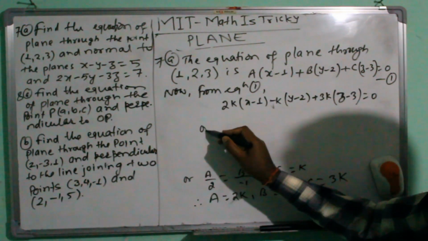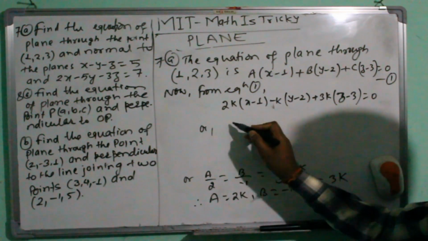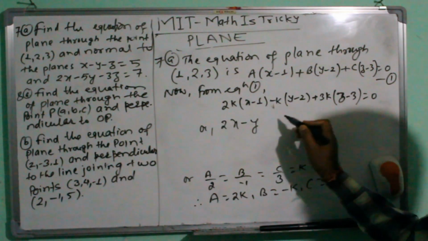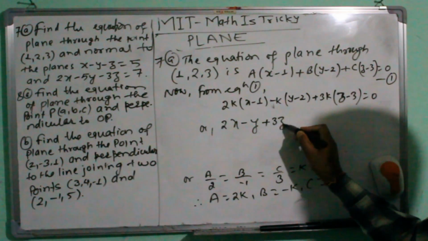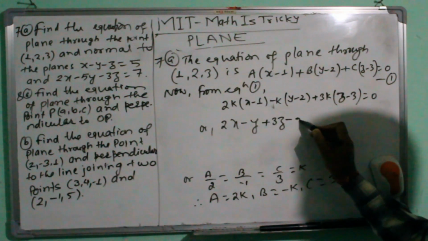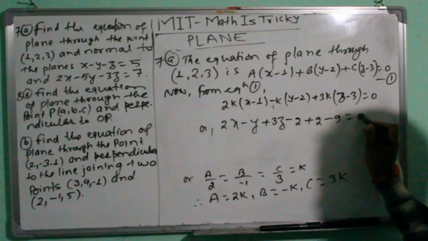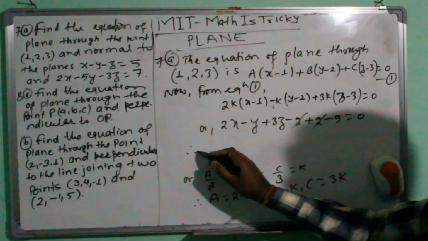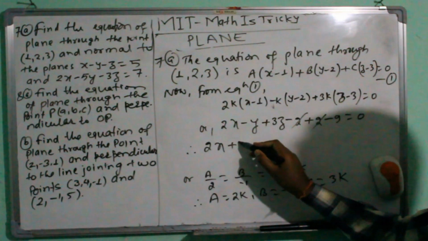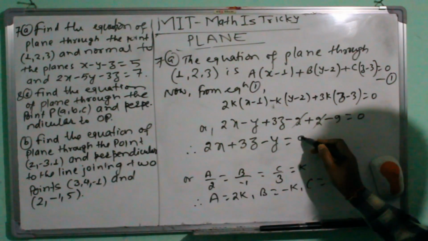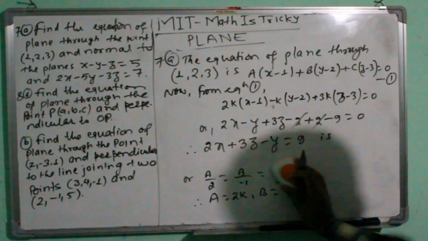By simplification, k common, so we can cut it, so 2x minus y plus 3z and here minus 2 plus 2 and minus 9 equals 0, so this cancels. Therefore 2x plus 3z minus y equals 9.